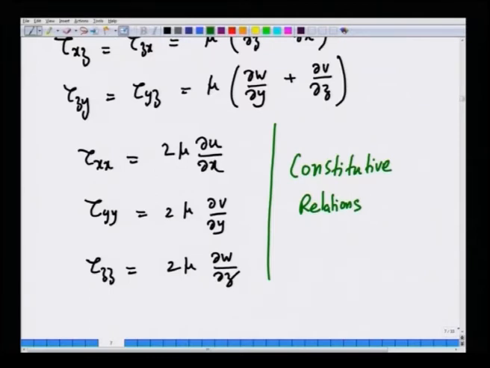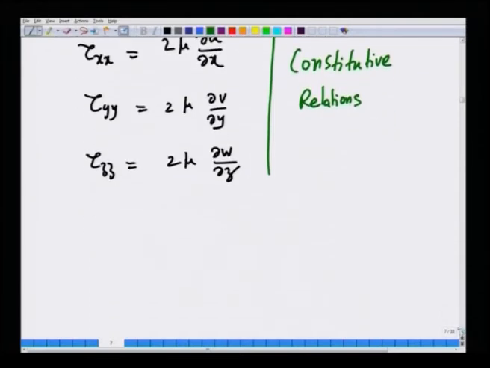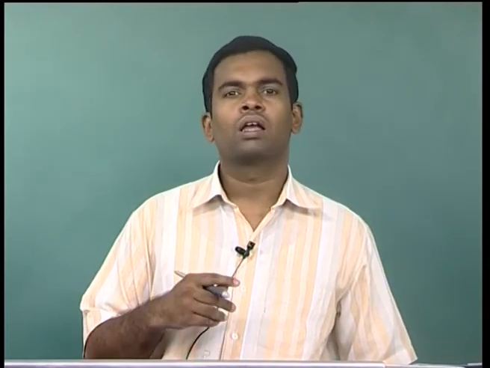Now, we have written all the stresses in terms of the velocities or gradients of velocity. So, we have exactly the same number of equations as unknowns, because you have 3 momentum equations and 1 continuity equation, and we have 3 components of velocity and 1 pressure as the unknowns. So, that completely specifies the problem.